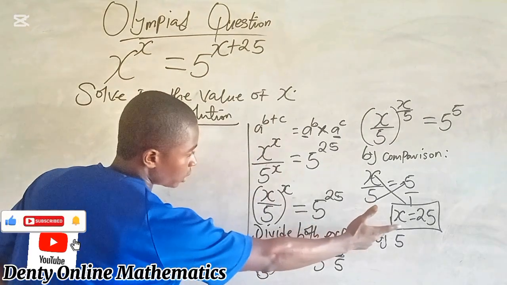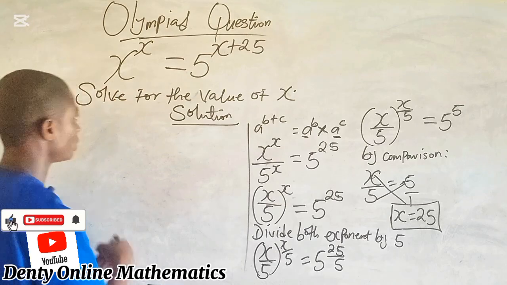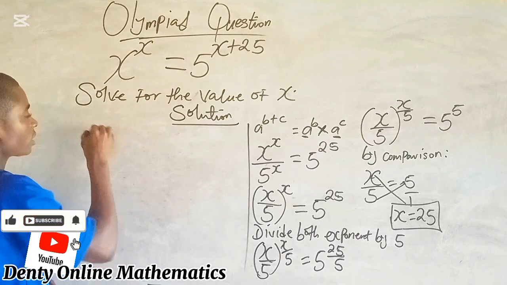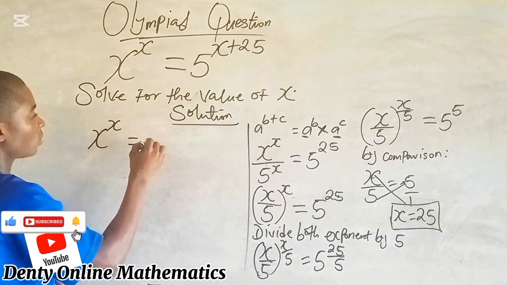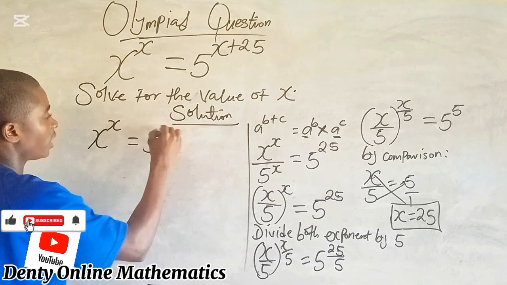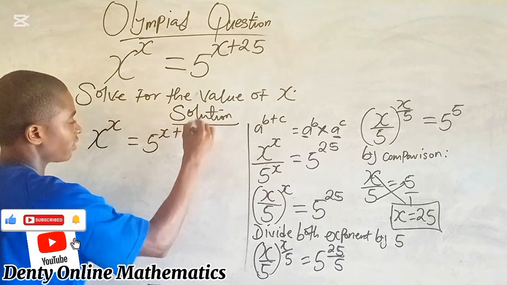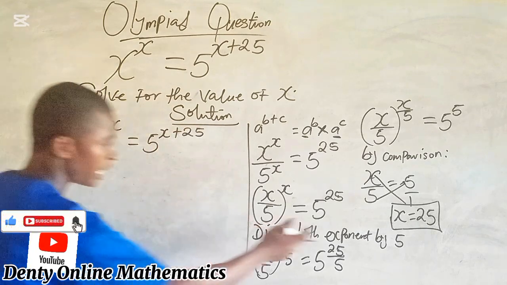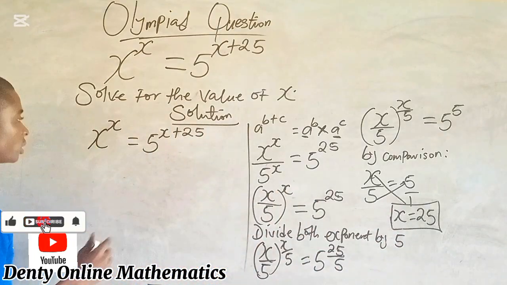Now we know that x is equal to 25. So what we are going to do is, we know the original equation is x raised to the power of x equal to 5 raised to the power of x plus 25. So let's prove. We know that x is equal to 25 by our solving.